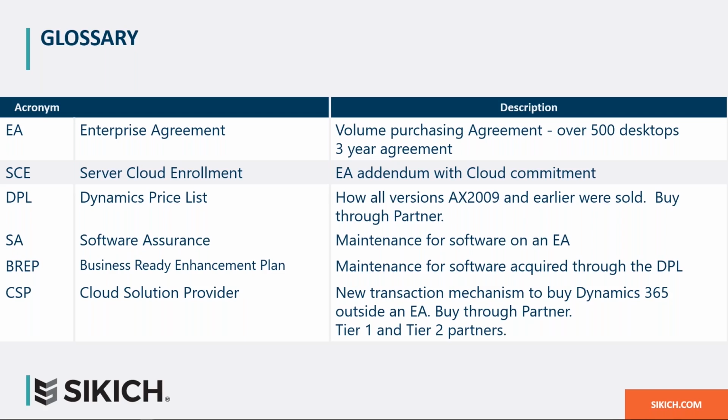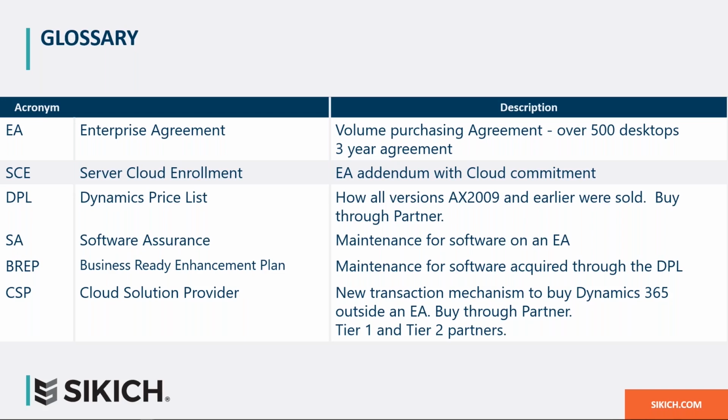So the EA provides you the ability to transact directly with Microsoft, and it's usually handled by a licensing solution partner, LSP. They used to be called a large account reseller, a LAR. And someone like Dell or CDW, you would have got an invoice from them for your Microsoft software.